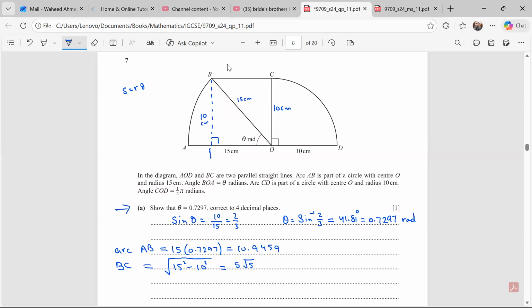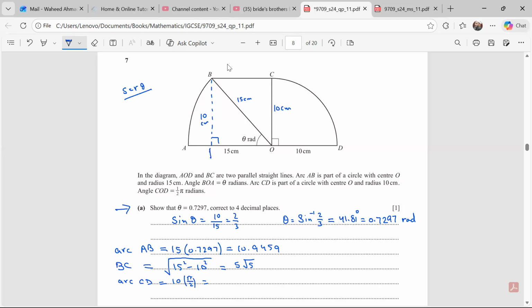Now this arc length, arc CD. Again we use the formula S equals r theta. So r is 10 and the angle is pi by 2, 90 degrees.